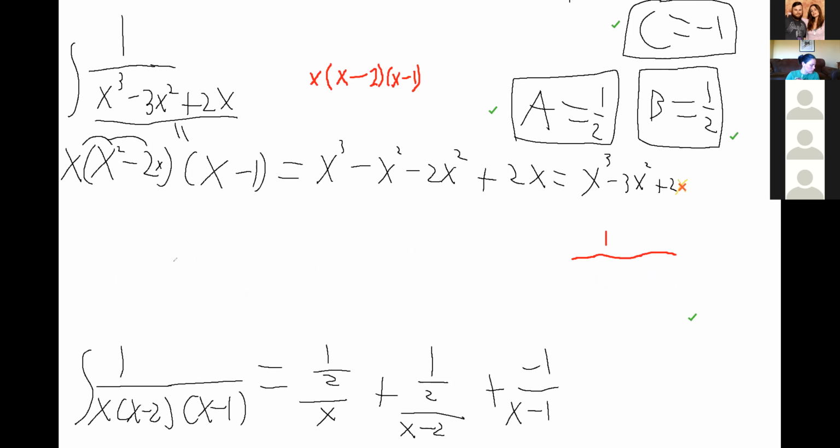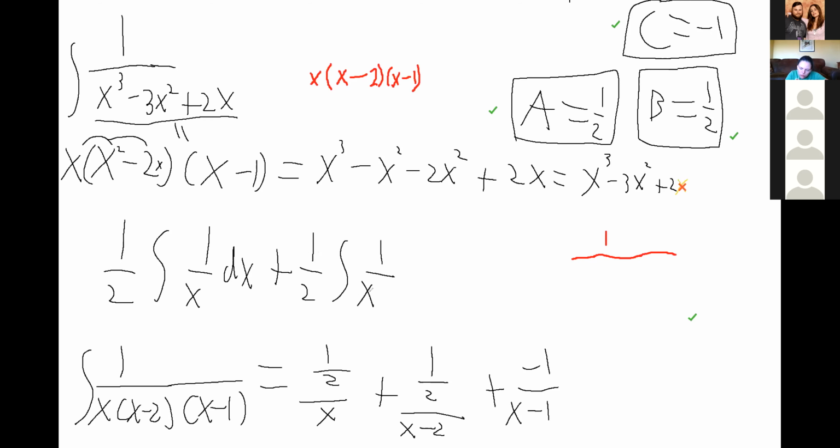So for this one, you take the 1/2 out, so it'll be 1/2 integral 1 over x dx plus 1/2 integral 1 over x minus 2 dx plus, that would be the negative integral of 1 over x minus 1.